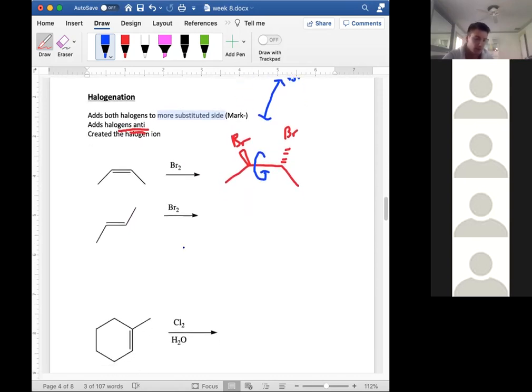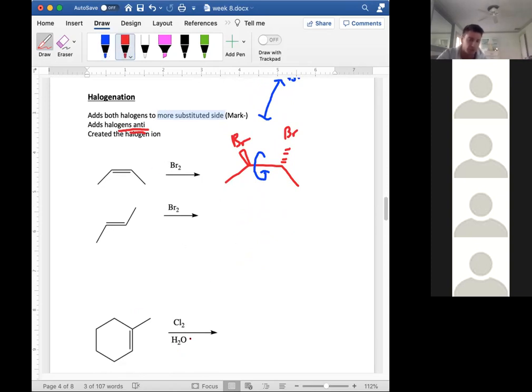All right. But another thing you have to look out for, if you have your diatomic halogen, thus halogenation, but you have water floating around as well, instead of 2 halogens being added, you're going to have 1 halogen and 1 OH being added. All right.